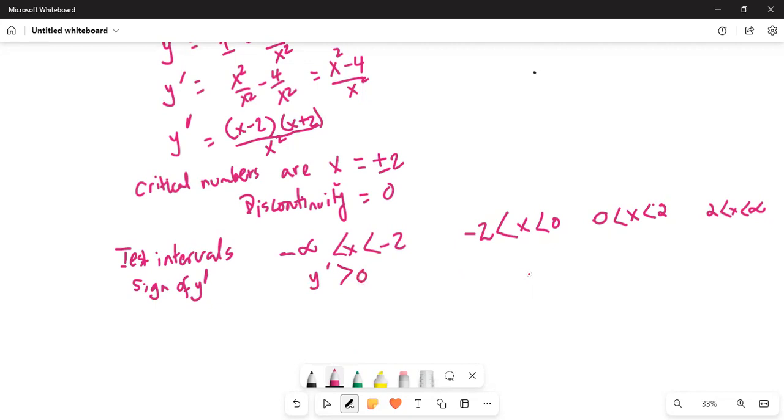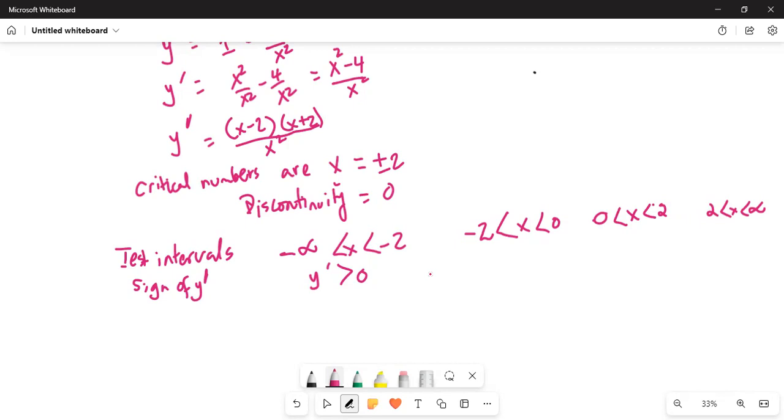And then for the other one, let's look between minus 2 and 0. If I take x equal to minus 1, then minus 1 minus 2 is minus 3, and minus 1 plus 2 is positive.